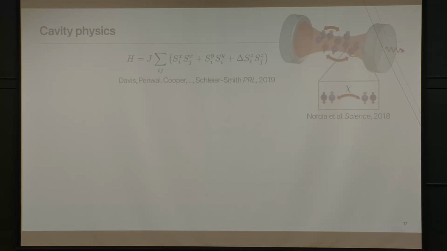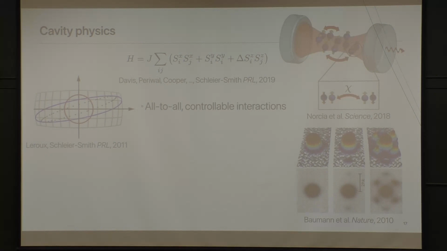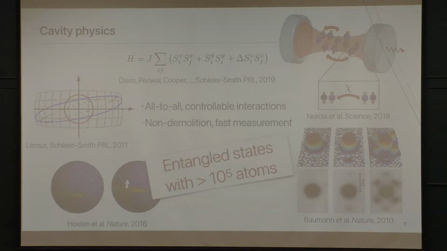And you can turn on interactions just by sending light into the cavity. This has been used for a variety of kinds of state engineering and quantum simulation protocols, and you can use the light leaking out to effect measurement.